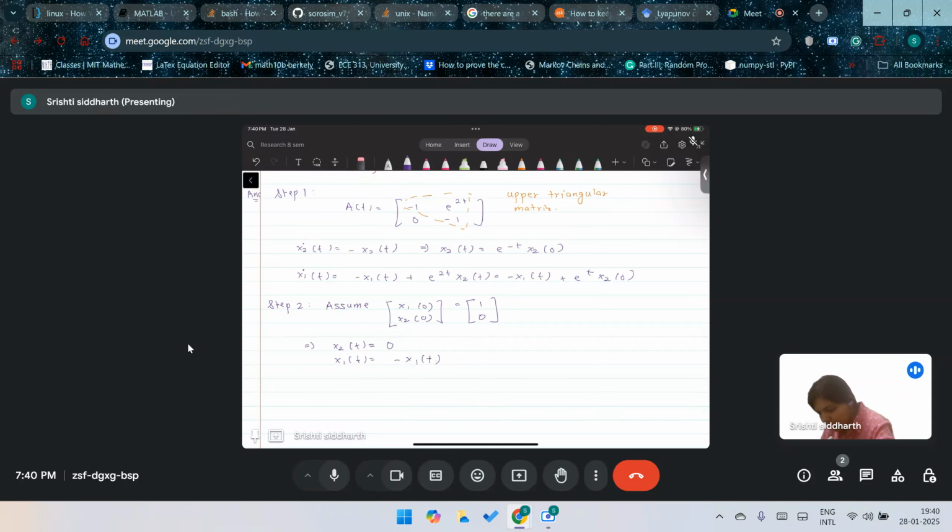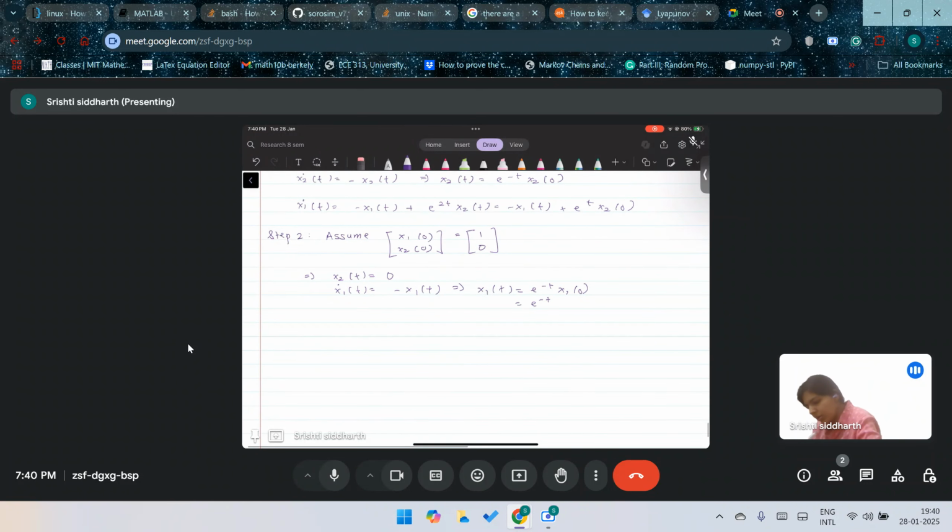So again we have an LTI system. This implies that x1(t) is e to the power minus t times x1 at 0, and we are considering this to be 1, so the solution (x1(t), x2(t)) for this set of initial conditions is e to the power minus t and 0.